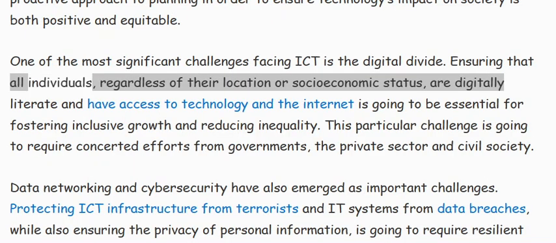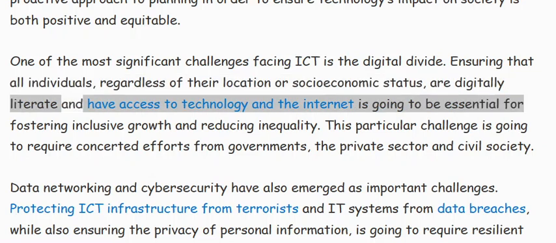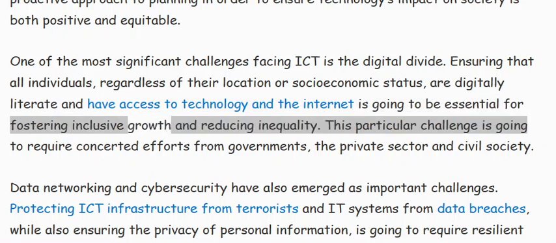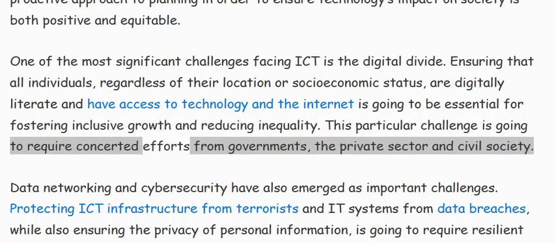Ensuring that all individuals, regardless of their location or socioeconomic status, are digitally literate and have access to technology and the internet is going to be essential for fostering inclusive growth and reducing inequality. This particular challenge is going to require concerted efforts from governments, the private sector and civil society.